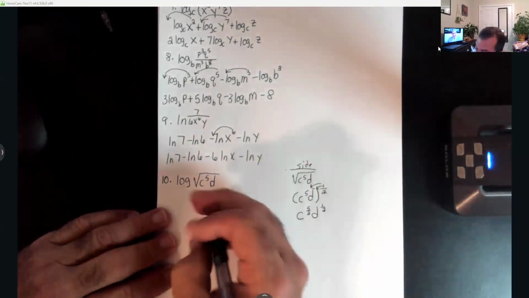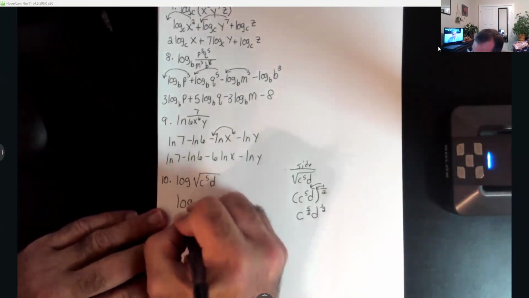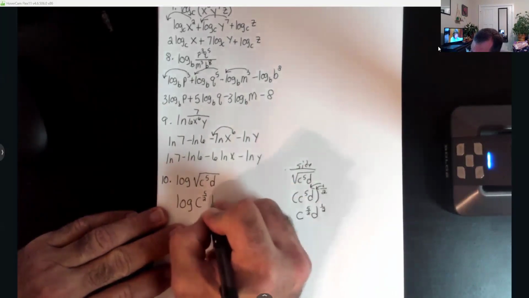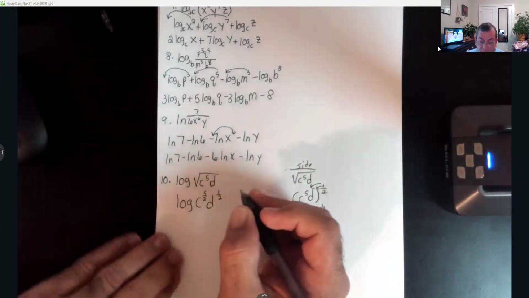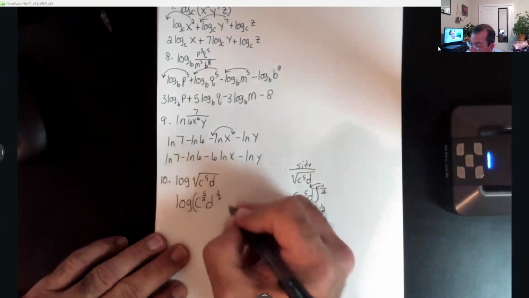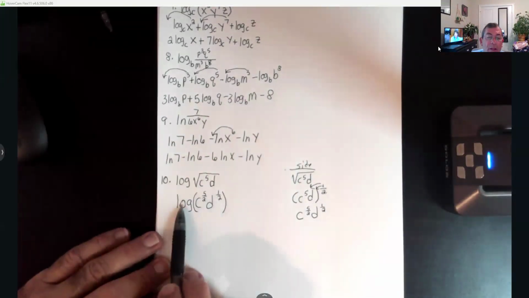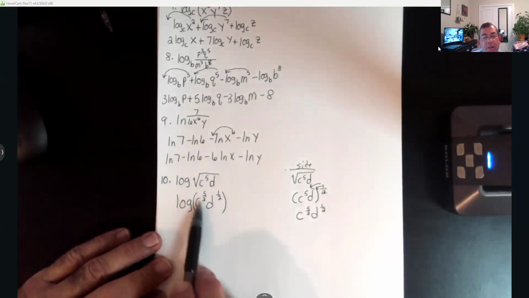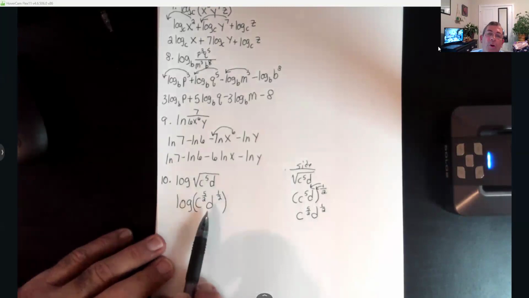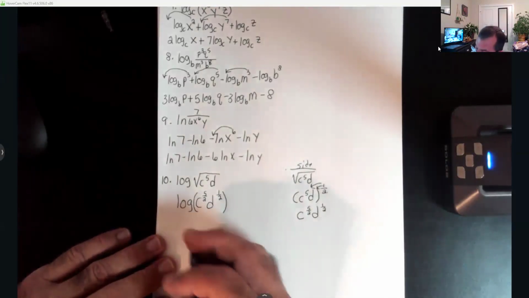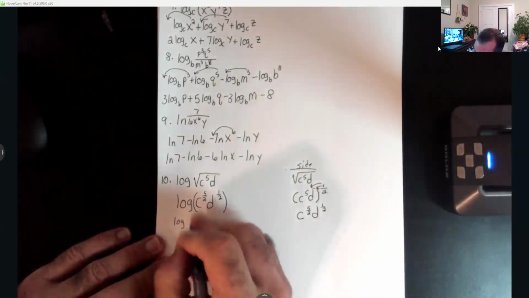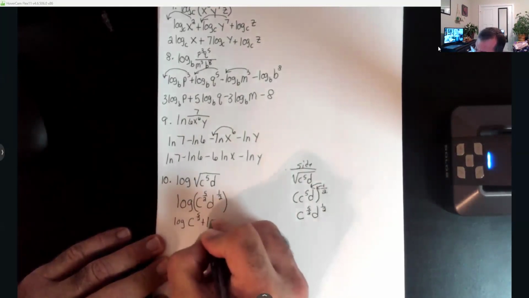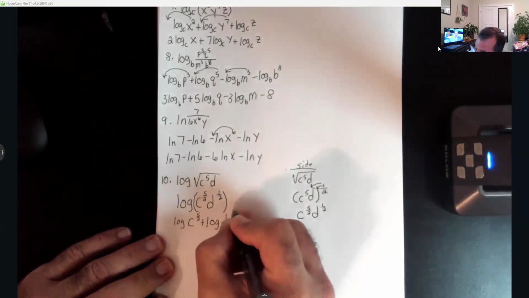So y'all, this becomes a log of basically c to the 5/2, d to the 1/2. Now remember, technically this is in parentheses at the moment because it's all affected by that log. So the first move, this stuff's being multiplied in here, we're going to rewrite it as a sum: log c to the 5/2 plus log d to the 1/2.